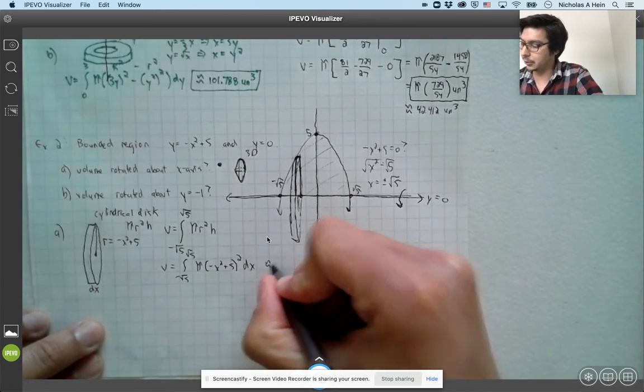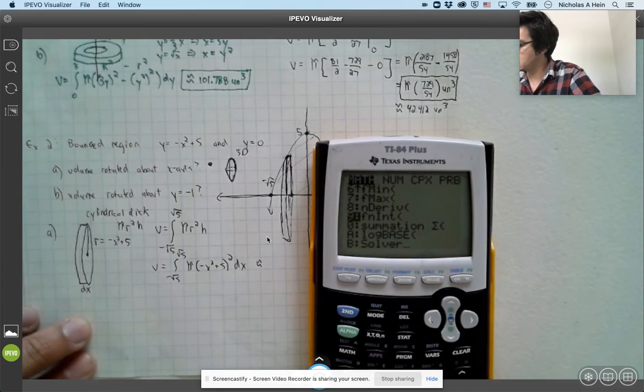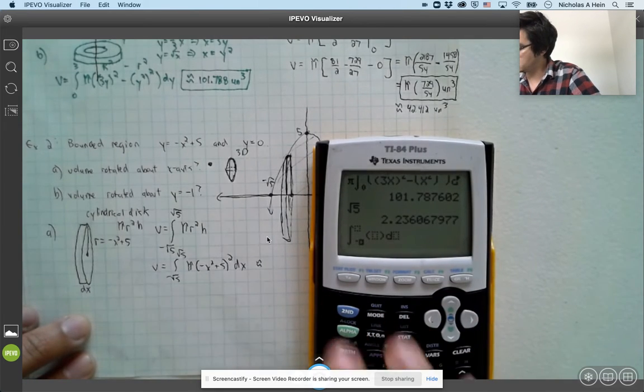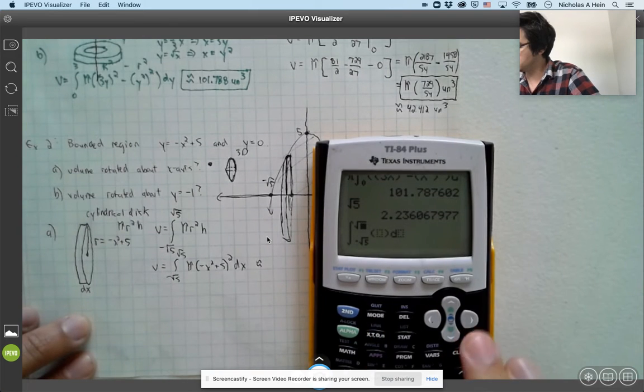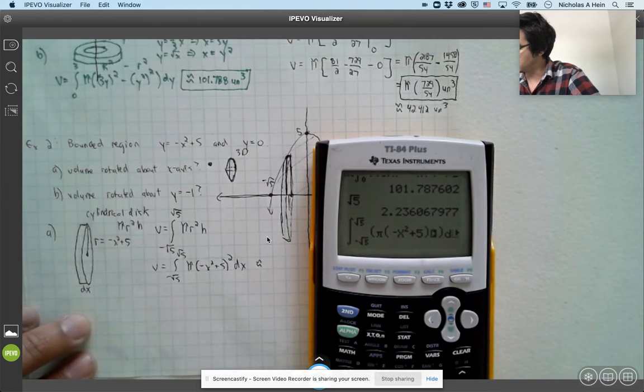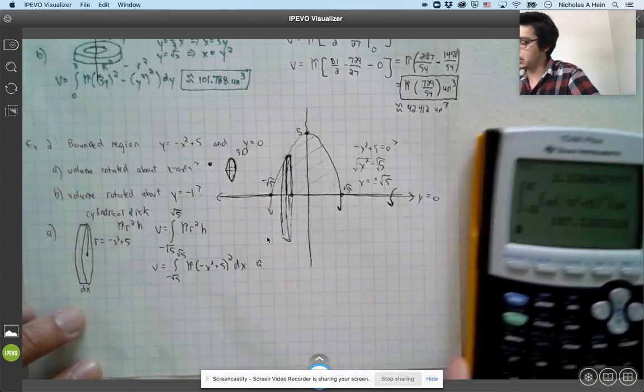And if you put that in a calculator rather than work this out by hand, we use math, function integral, negative root 5 to root 5 of pi times parentheses negative x squared plus 5, all of that squared. So it's pi r squared times dx. And what we end up getting here is 187.328.